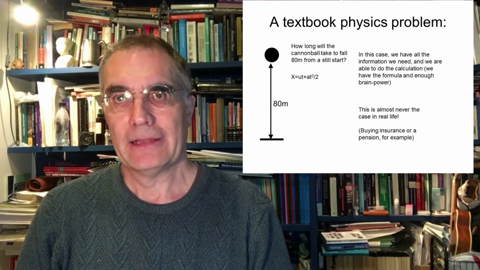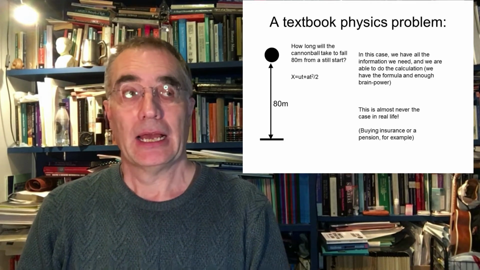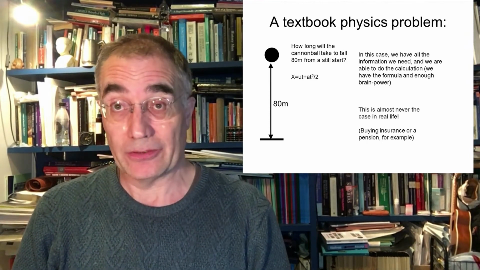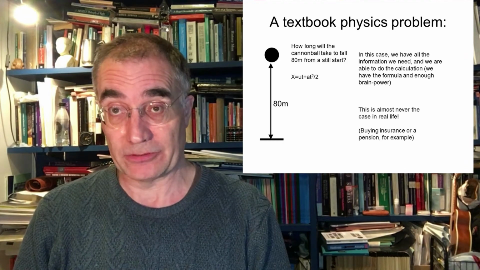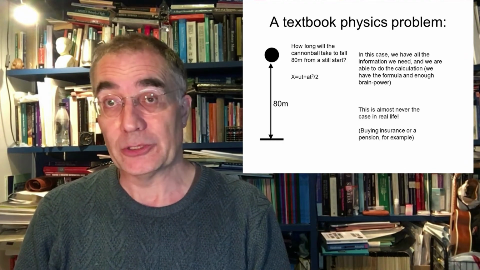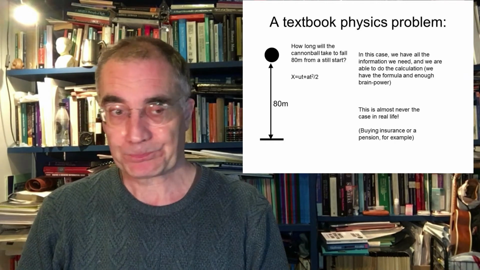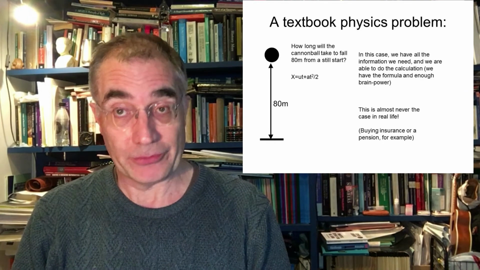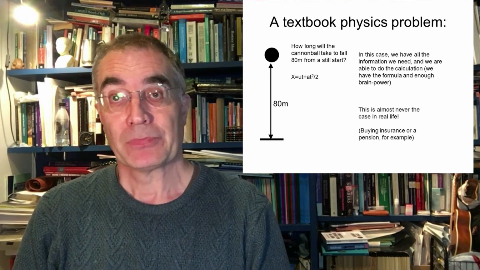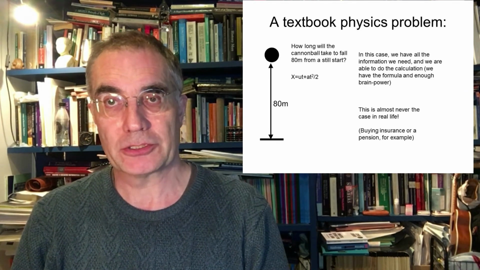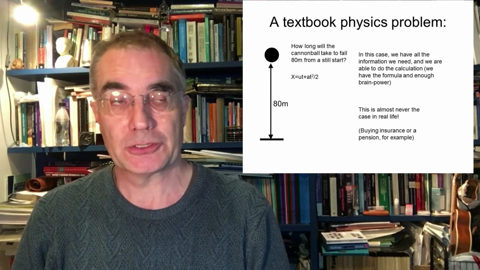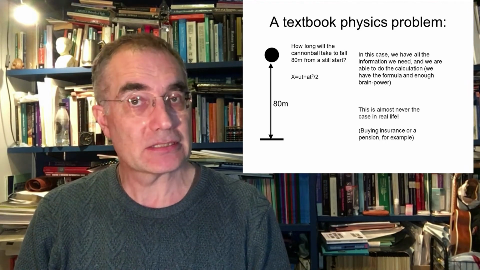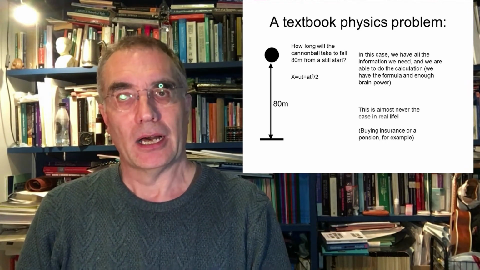So if you know the initial velocity is 0, you know the height, you know that the ball is dense enough that air resistance doesn't really matter, and you know the constant of gravity. That gives you all the information you need, and what's more, if you were listening in school, you know the 3 Newtonian equations for motion, and also, helpfully, they are very simple equations. They don't involve a lot of computing power.